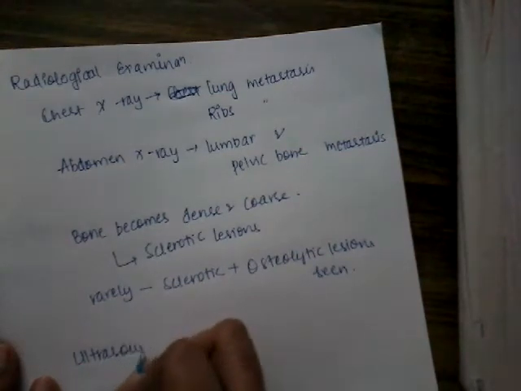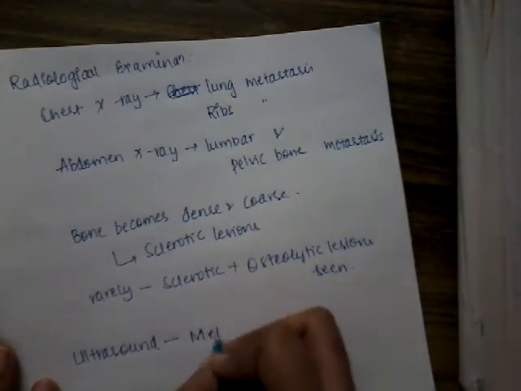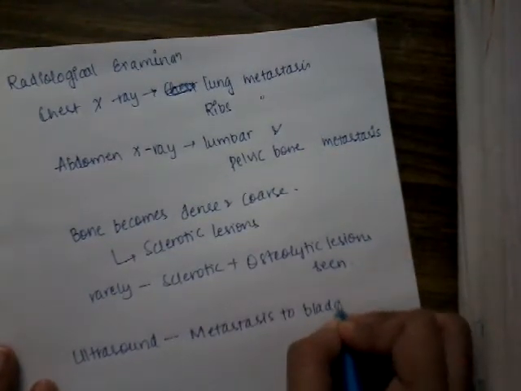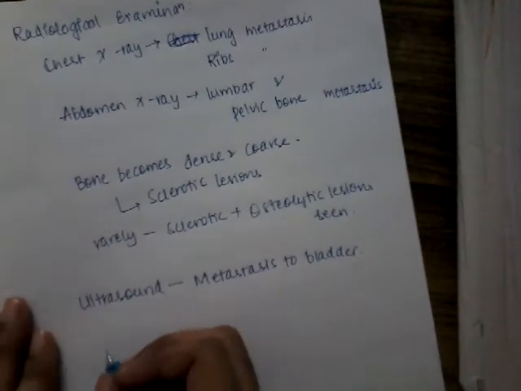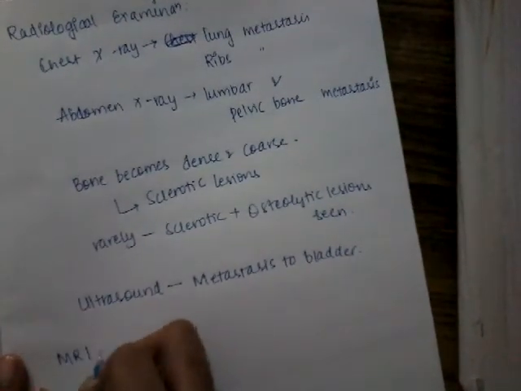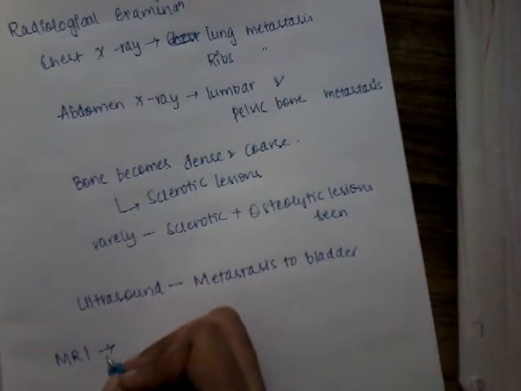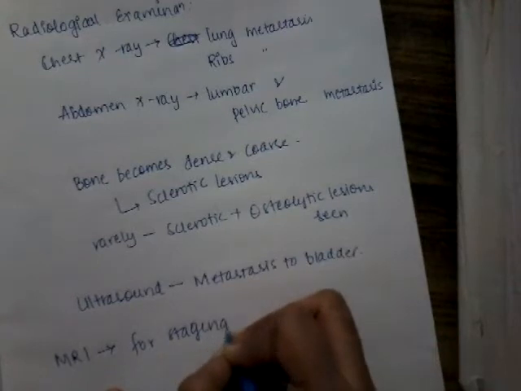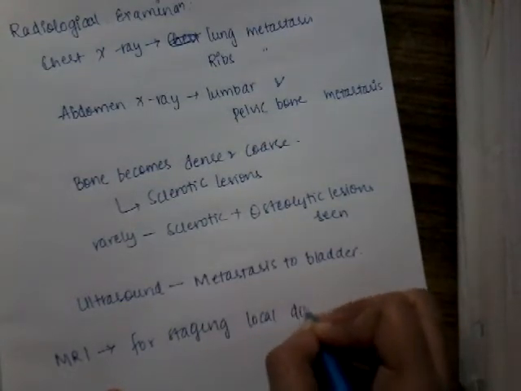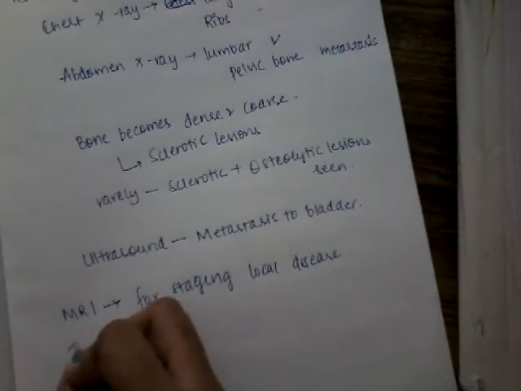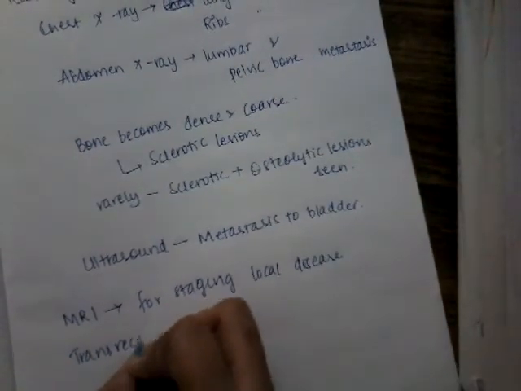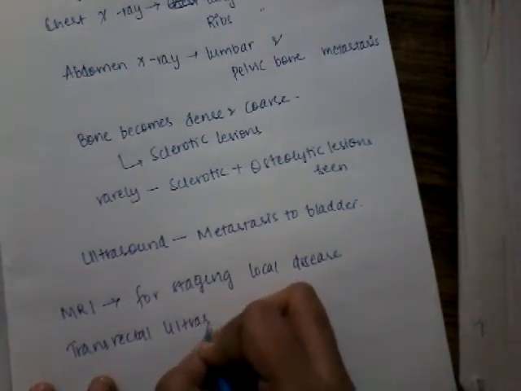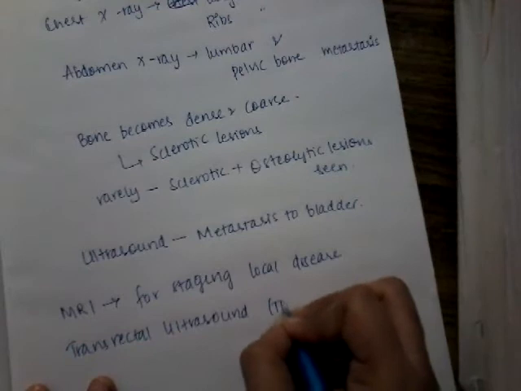Ultrasound for metastasis to the bladder and others. MRI for staging local disease. You can also do transrectal ultrasound, which is TRUS.